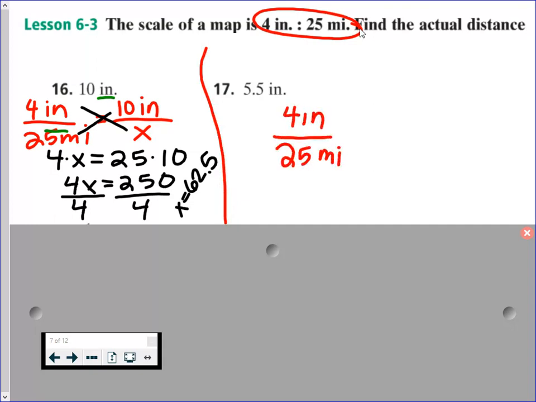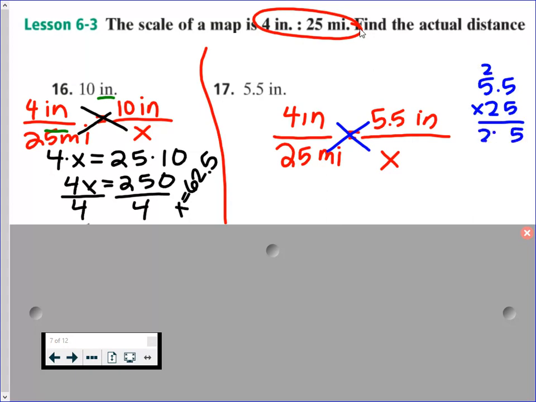25 miles, 5.5 inches. How many miles? Pause and go. Now I have to divide by 4.